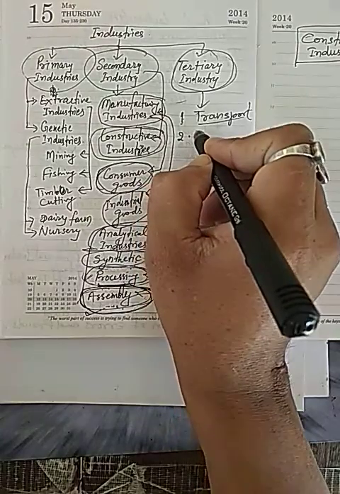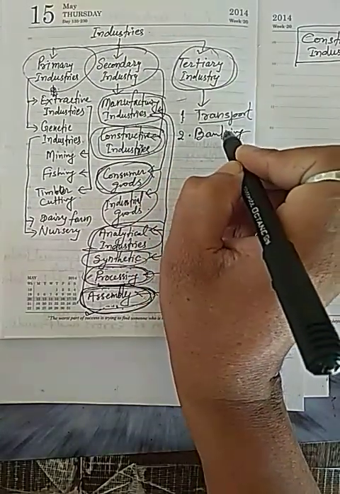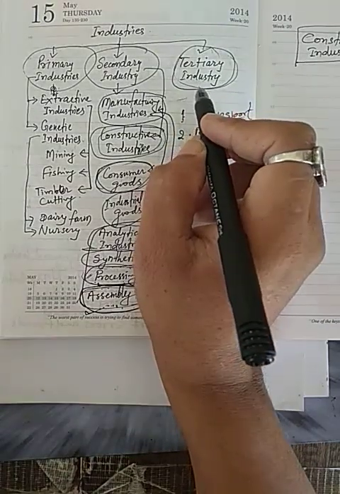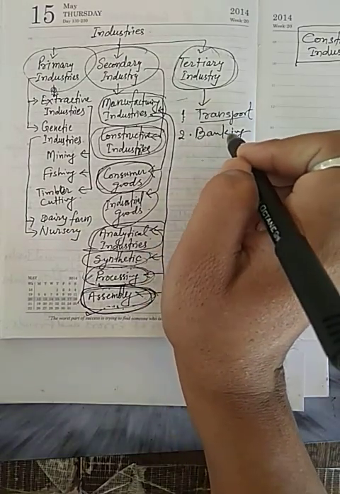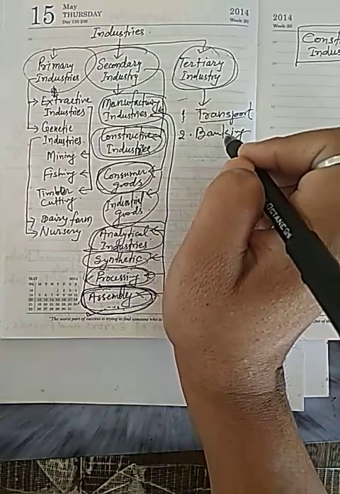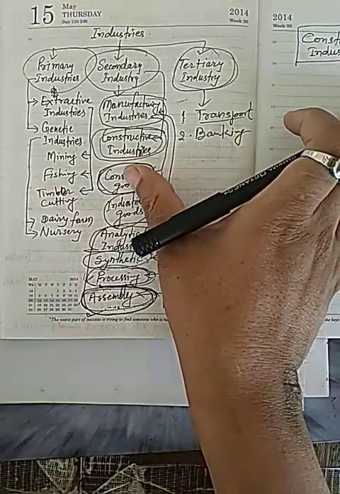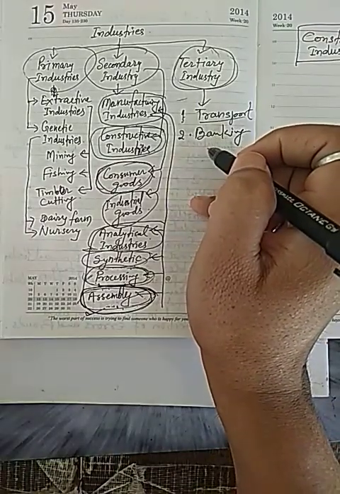Second is banking. Banking comes under tertiary industries. It provides credit facility to industries and trading firms, because without finance, a firm cannot run smoothly.